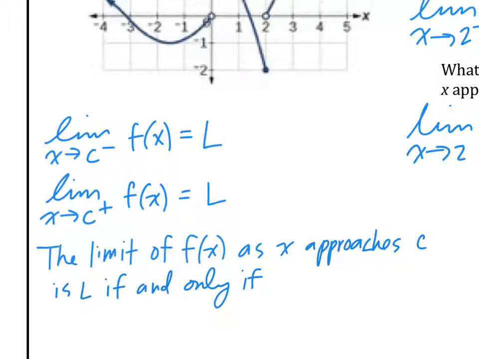Okay, if and only if statements in math is a very, very strict requirement, and usually when college textbooks write if and only if, they will write IFF. It means if and only if. So if and only if is not just if this happens, it's if and only if. So this has to happen in order for that statement to be true. So the limit as x goes to c is L if and only if this happens.